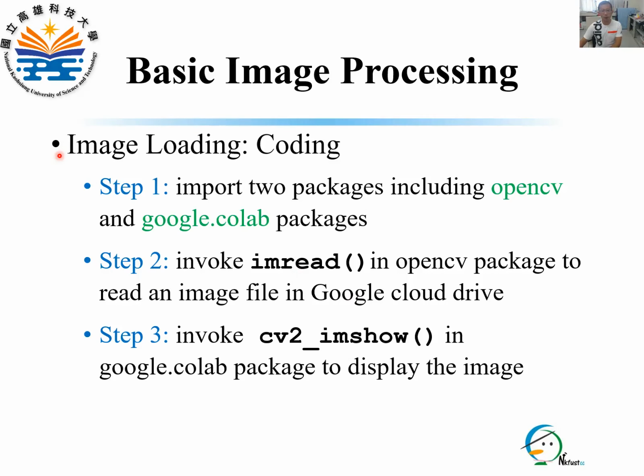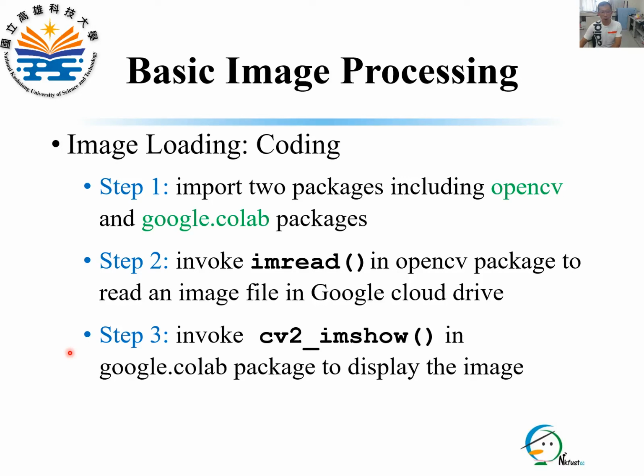The code for image loading consists of 3 steps. Firstly, we import 2 packages, including OpenCV and google.colab. Secondly, we invoke imread in the OpenCV package to read in an image file in Google Cloud Drive.